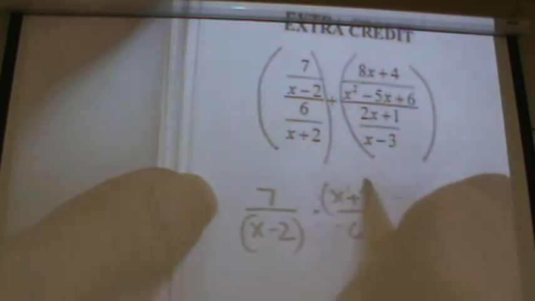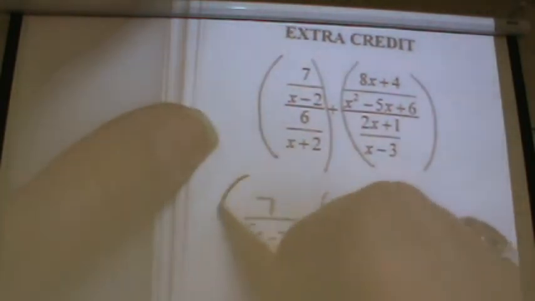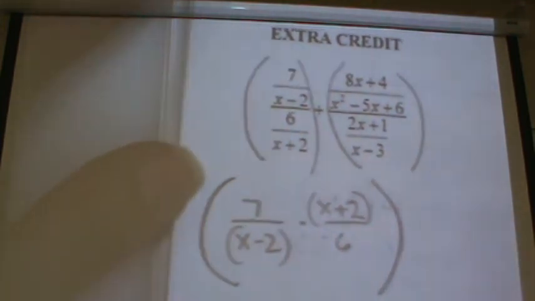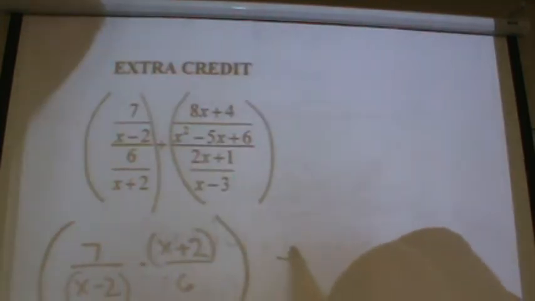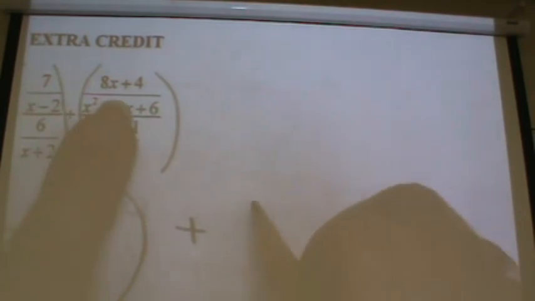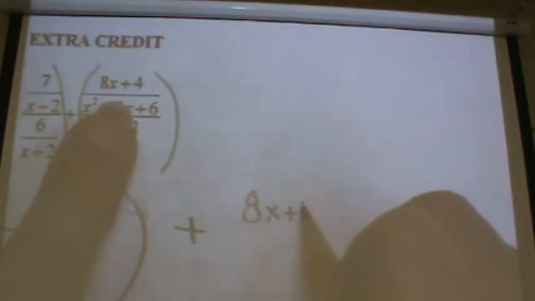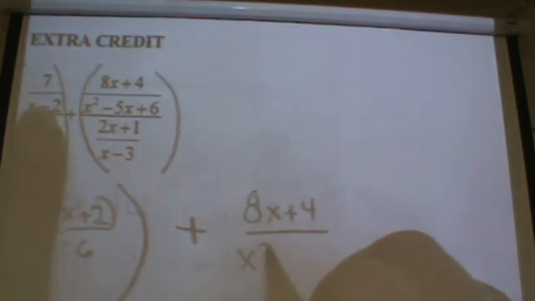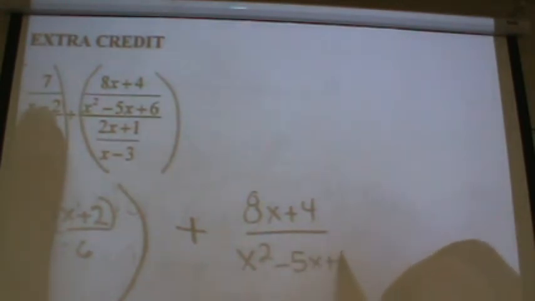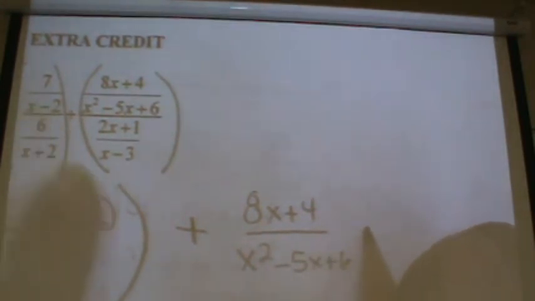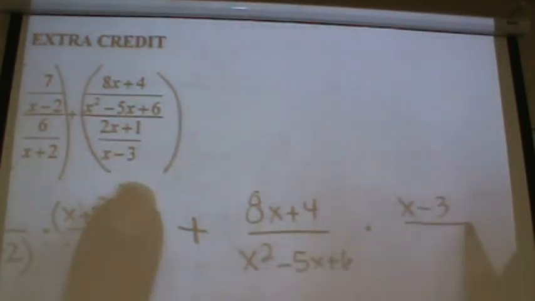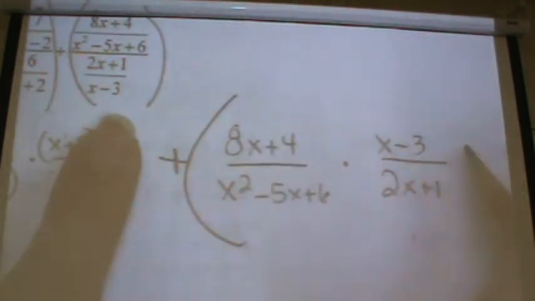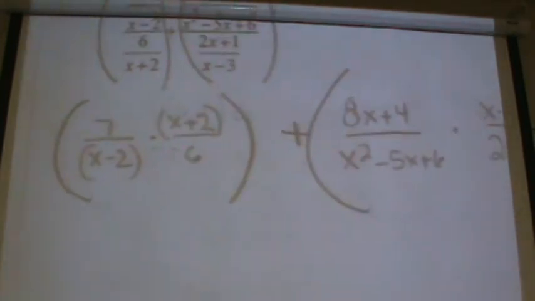There's really nothing exciting here. That's what that is. Plus, we're going to do 8x plus 4 over, we're going to flip. Okay, this is a problem within a problem within a problem within a problem.